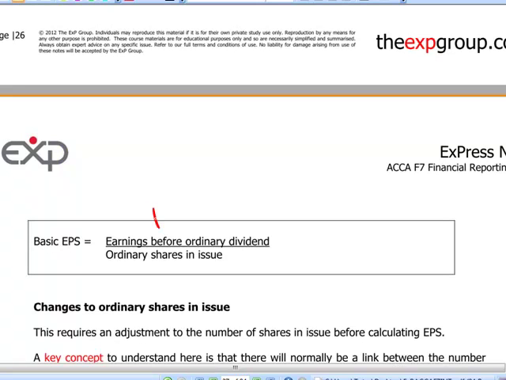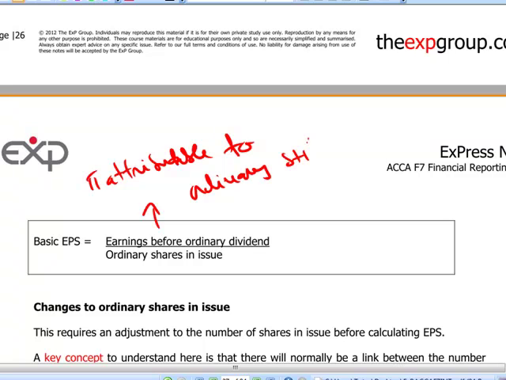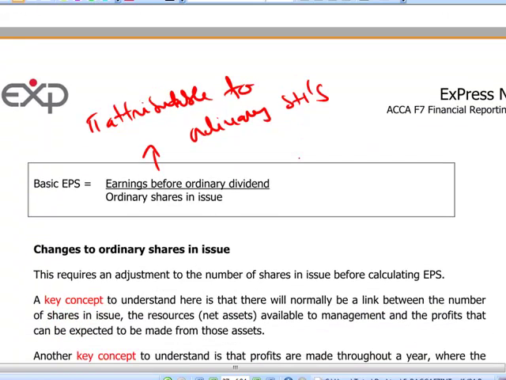In other words, to remember this easily in the exam, you take the profit from the current year earnings which is attributable to ordinary shareholders. By this, I mean I take the profit after tax, I take out any non-controlling interest if we are in a group scenario, I take out any preferred dividend which I'm paying out, and I divide this by the ordinary shares which are in issue at the year end.